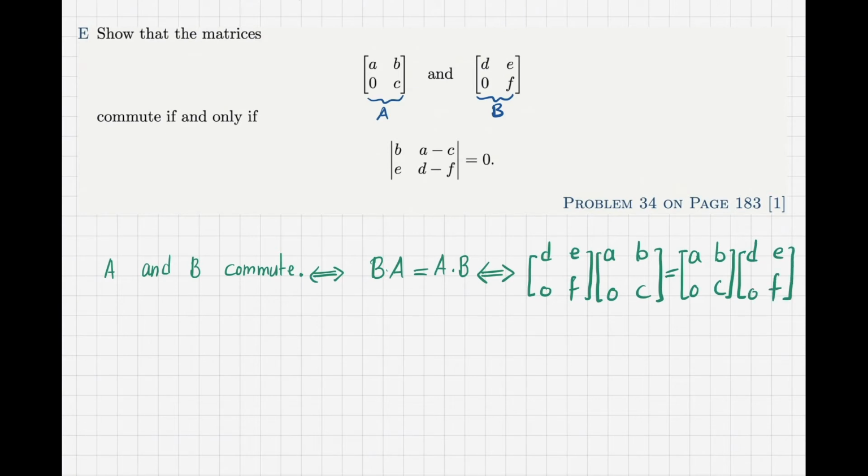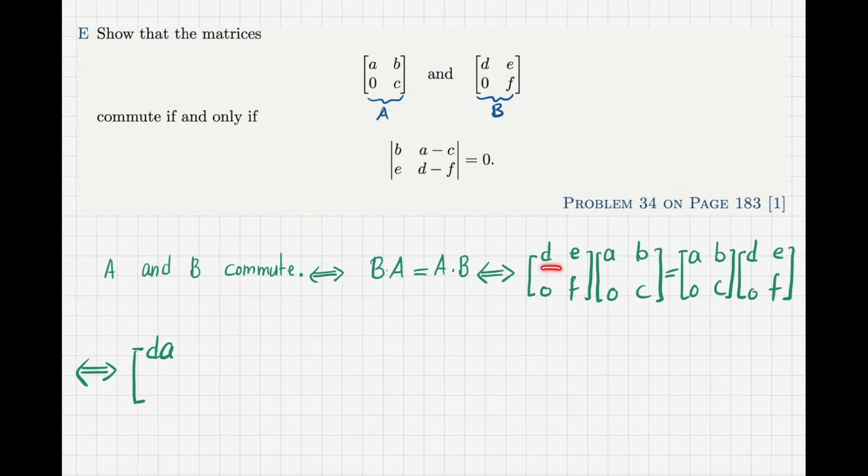And this is also equivalent to, I start multiplying the matrices. For example, I partition the left matrix into its rows, and the right matrix into its columns, and then I multiply each row by each column. So it becomes, I need to multiply D by A, and then E by 0.